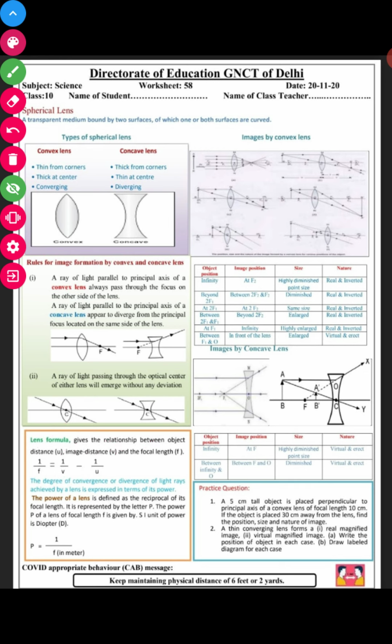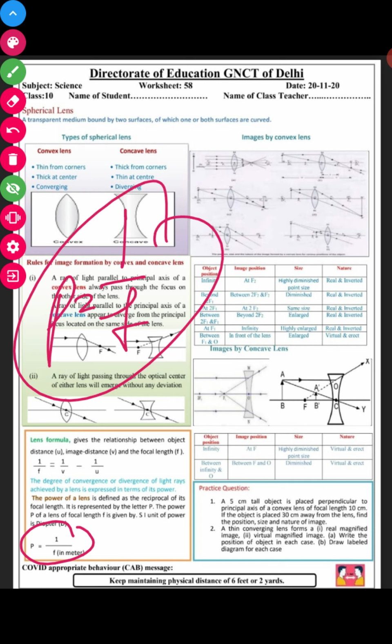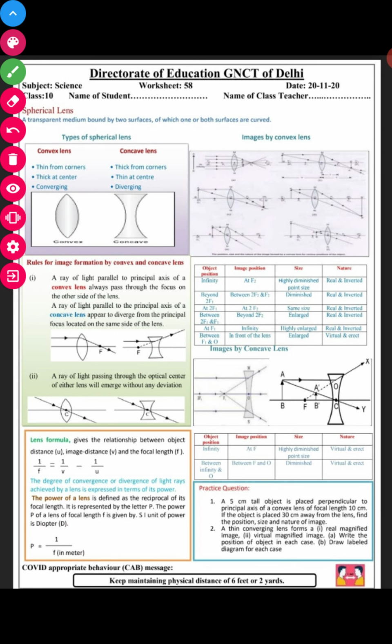And the degree of convergence or divergence of the light rays achieved by the lens is expressed in terms of its power. Now, what is power? Power is the degree of divergence or convergence of a lens. Power can be written like this: P is equal to 1 upon f, and it is measured in diopters.